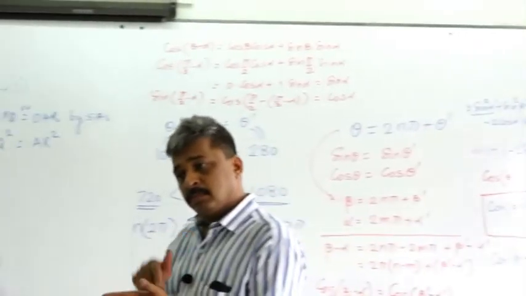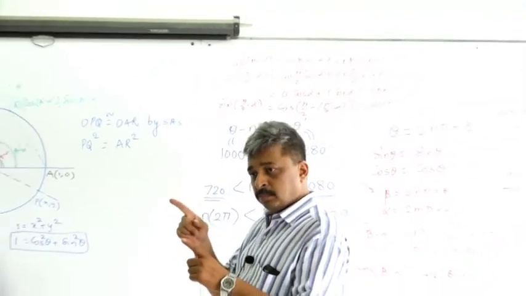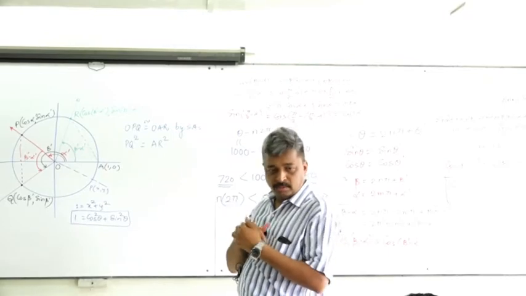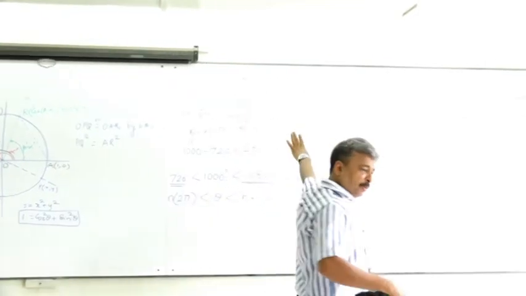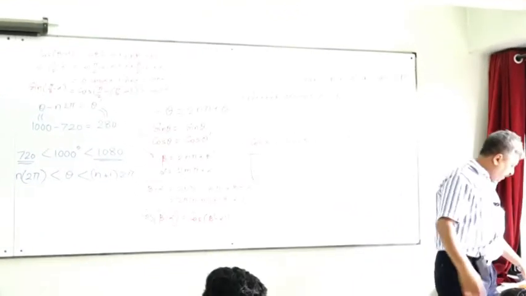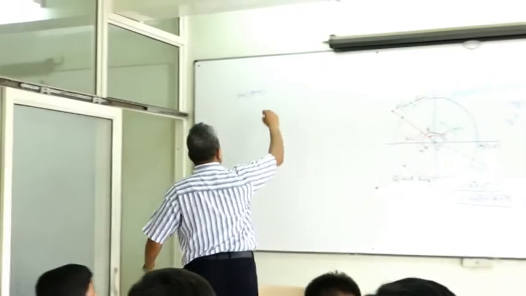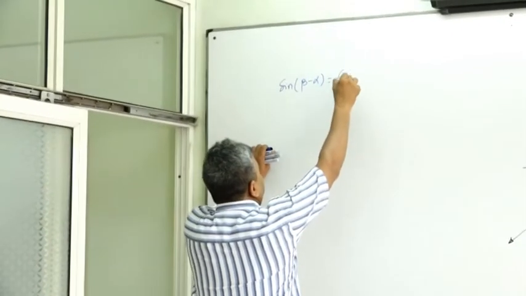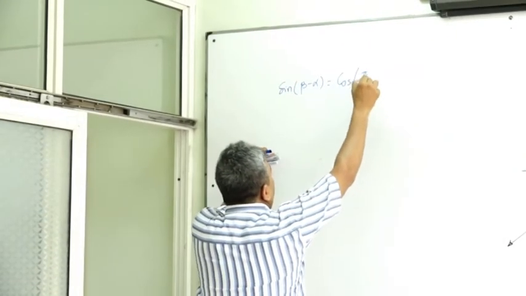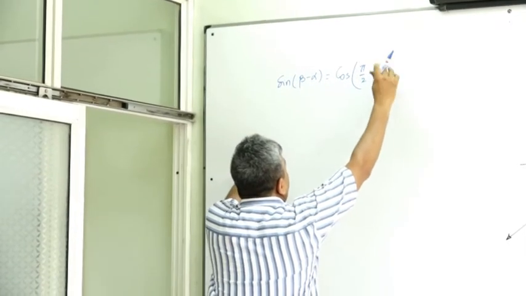Cos of pi by 2 minus (beta minus alpha). Very good. Good idea. Because we have got the formula for cos, we exploit that formula of cos. So let us try cos of pi by 2 minus (beta minus alpha).